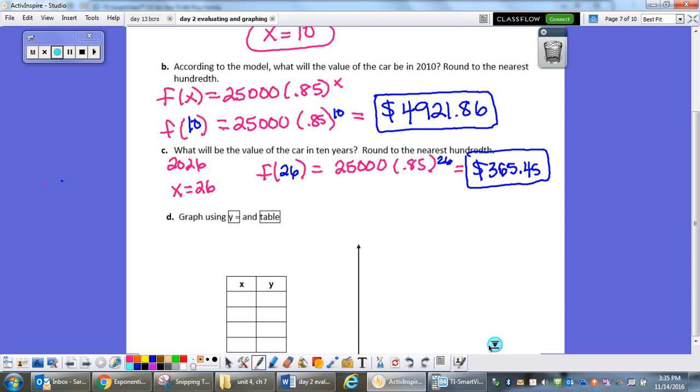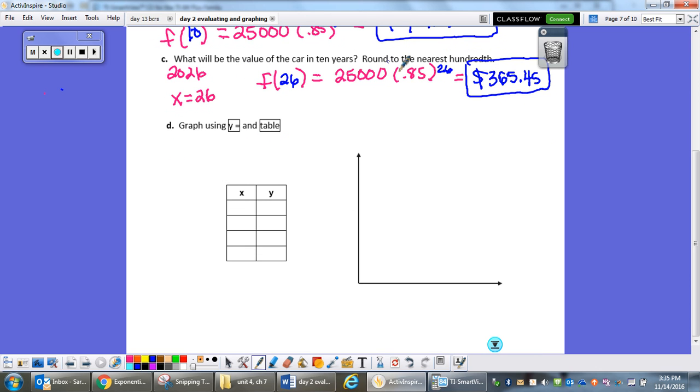You're going to graph again. I have labeled this as car cost or car value, you might want to say. Either one would be correct. Your X again is years after 2000. Typically the time is in X. Just double check.